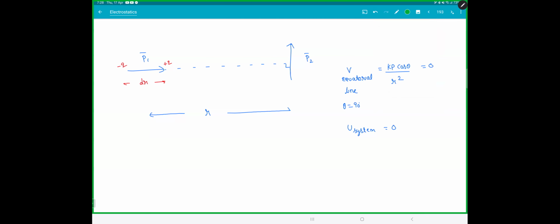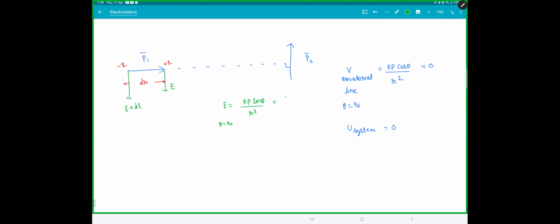So on the equatorial line, the field will be here, let the field be E. Remember, on the equatorial line, the field is opposite to the dipole. Here, the field will be E plus dE. So the field E is given by Kp sine theta by r cube. Theta is 90 here.